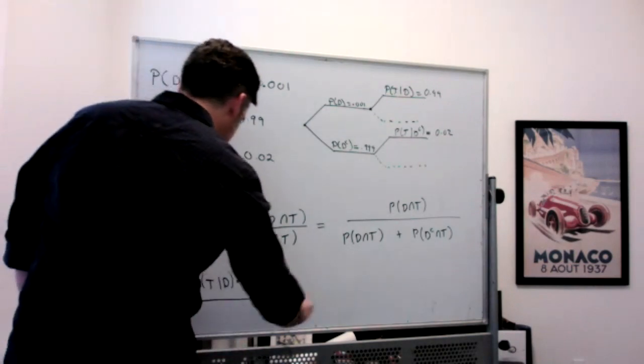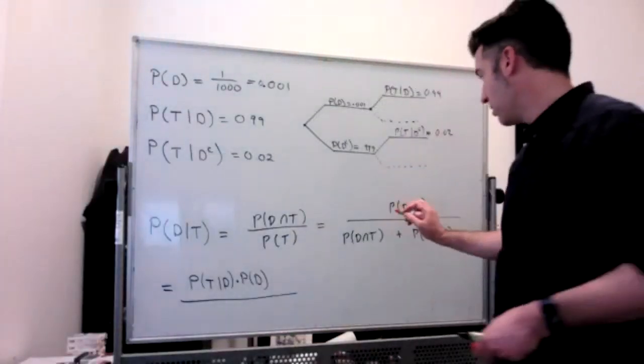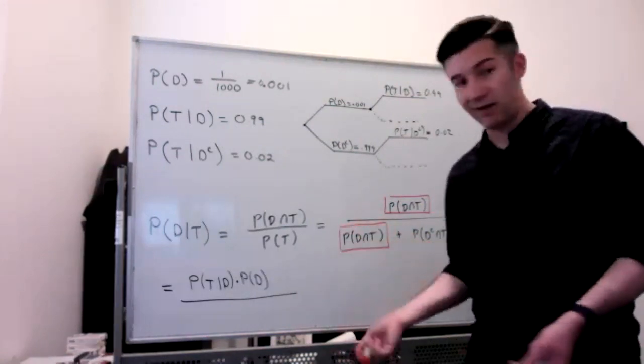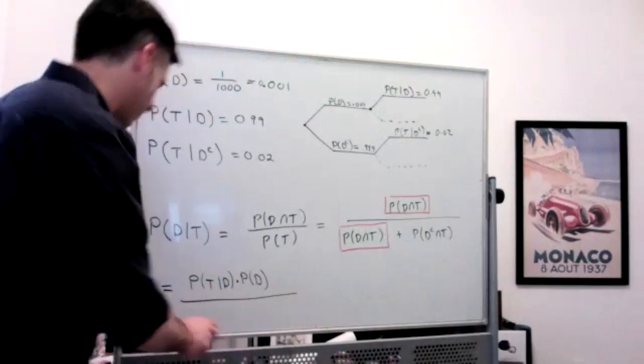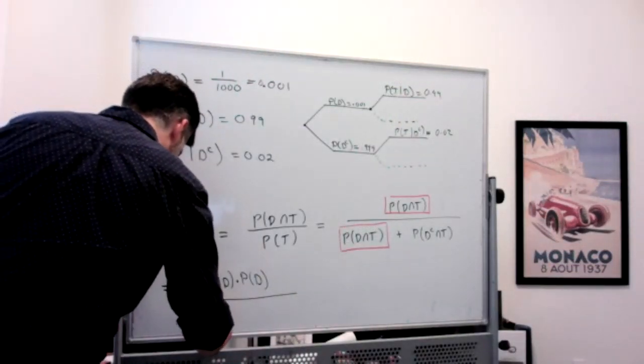And then the nice thing about seeing it this way is you might notice that this thing here and this thing here are exactly the same. So in fact, that is also going to be part of your denominator.